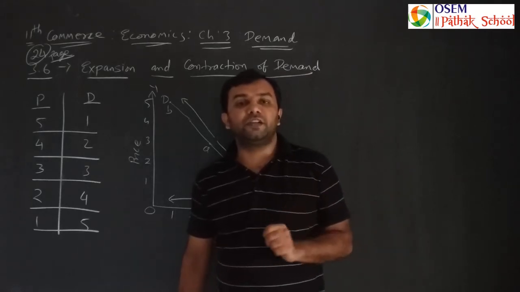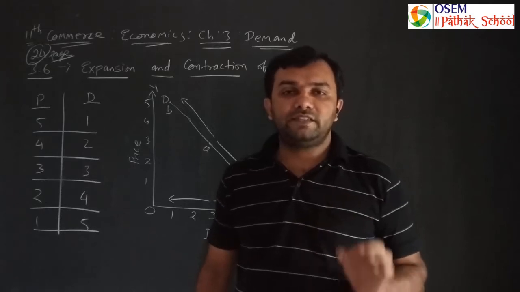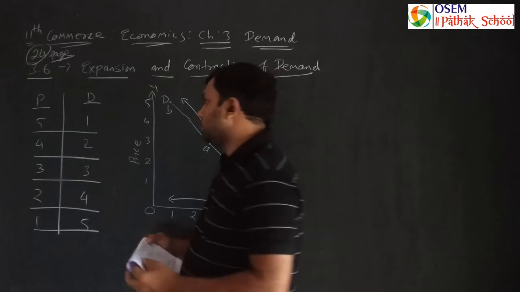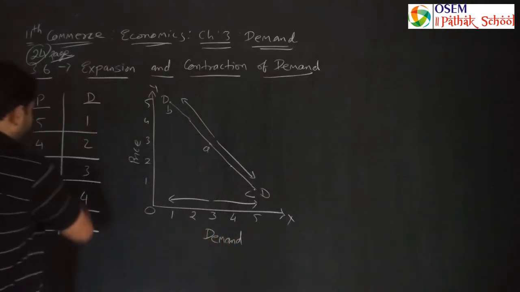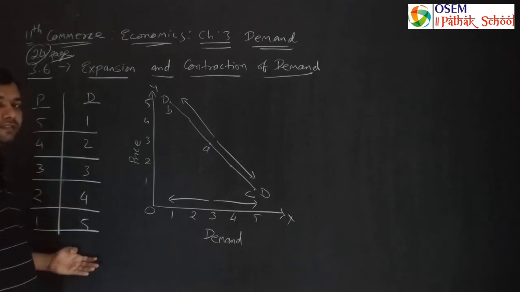All these must remain fixed, and price will be varied, means price can change. In the schedule there is a change in price, 5, 4, 3, 2, 1. At the highest price there is the lowest demand, and at the lowest price there is the highest demand.